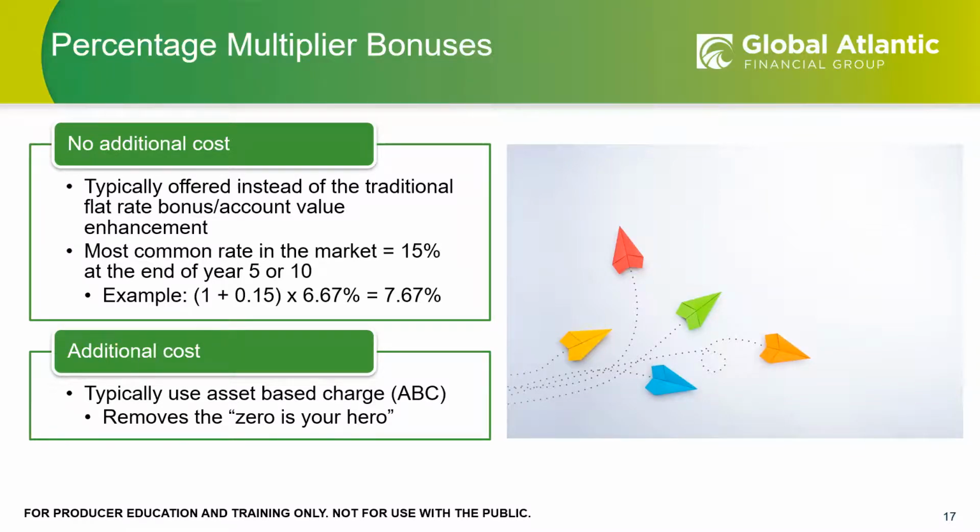But the drawback to these is when your index performance is lower or 0, you get 0 because it is a multiple of whatever the index credit was. And then there is the additional cost, which is the most recent ones that have come out. It's an asset-based charge charged against that index account. So it takes the zero as your hero out of play.